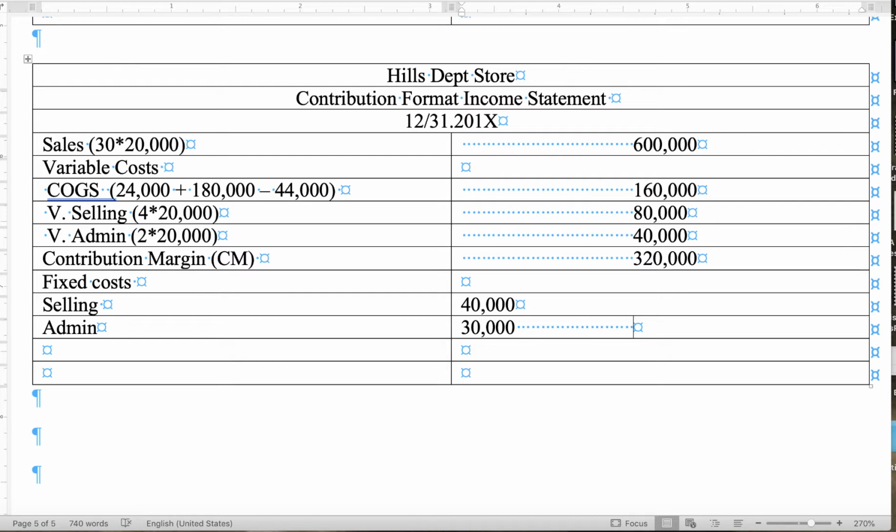So that means we have $70,000 of fixed costs. So if we take our 320,000 and subtract out our 70,000, we end up with net income of $250,000. And that's our net income.